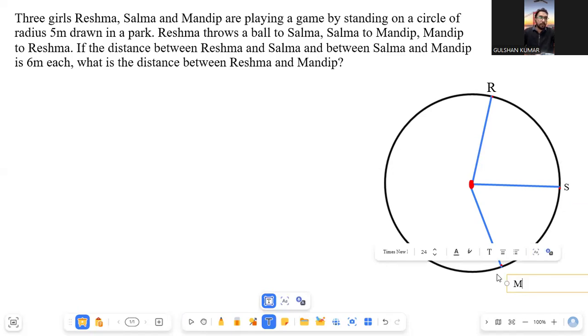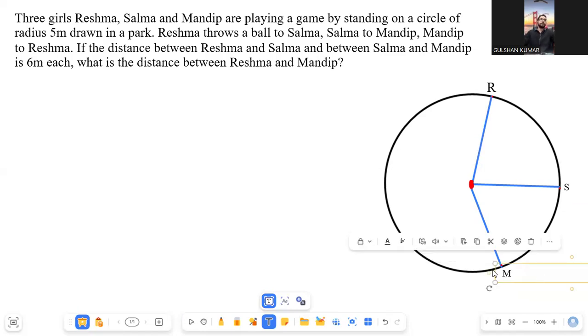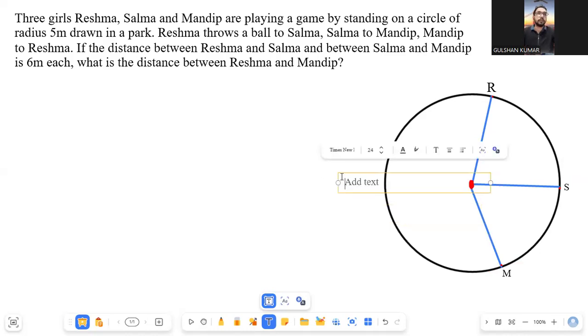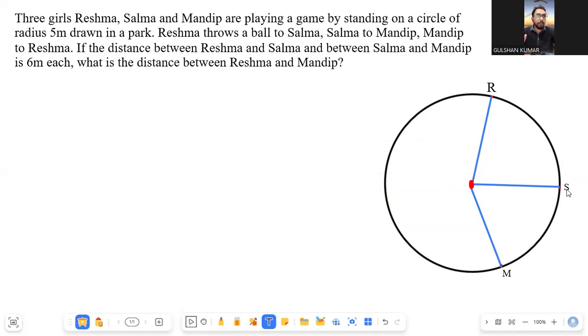These are the 3 points where they are standing. Reshma is here, Salma is here, and Mandeep is here.